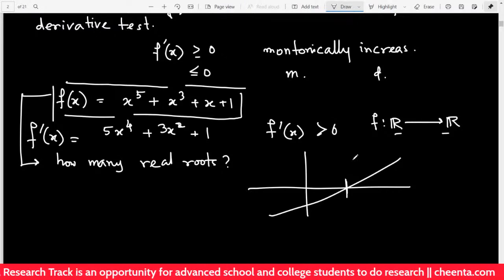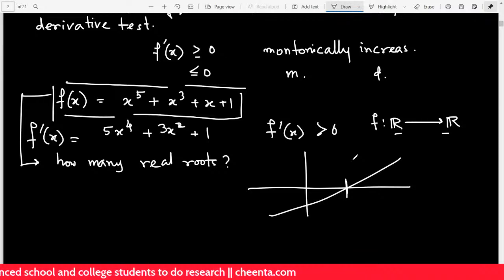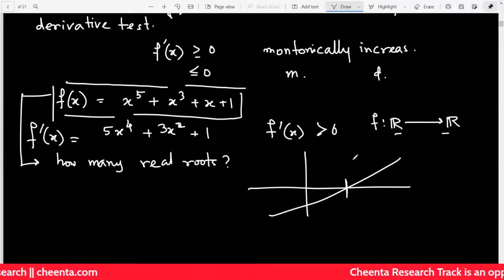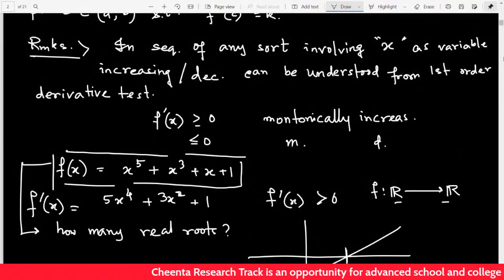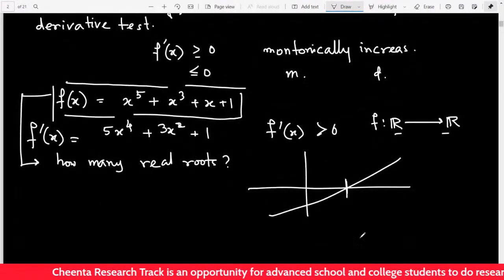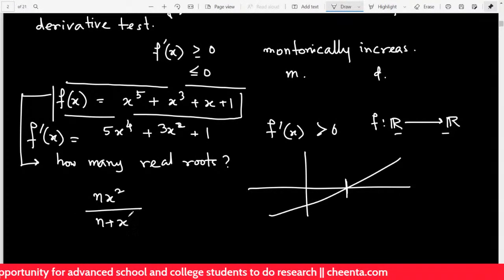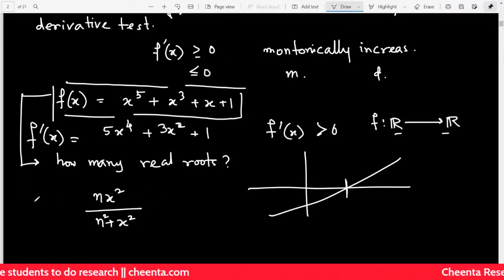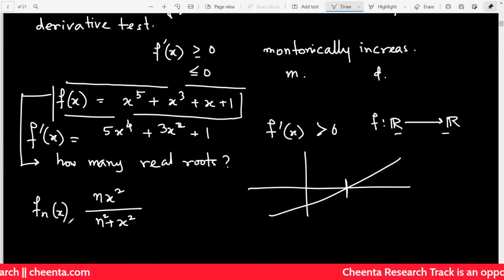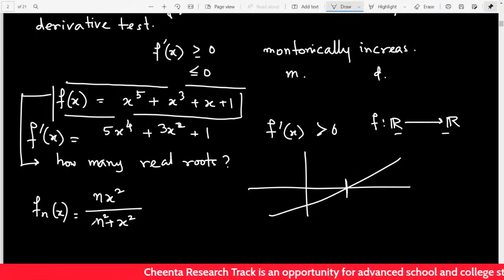So these are the types of smart applications that you can do with the first derivative test, which you have done before as well. Suppose I give you a sequence like this, f n of x equals n x square by n square plus x square. There are some properties given and you are trying to establish some facts.